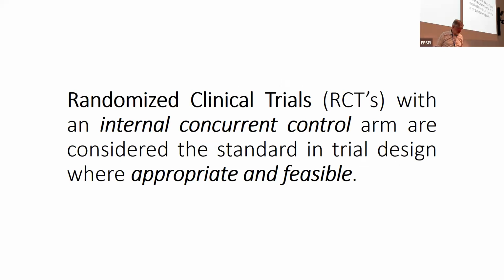So there you go. Randomized clinical trials with internal concurrent control are still considered the standard in trial designs, when appropriate and feasible. Good. And I would say that's the basis.